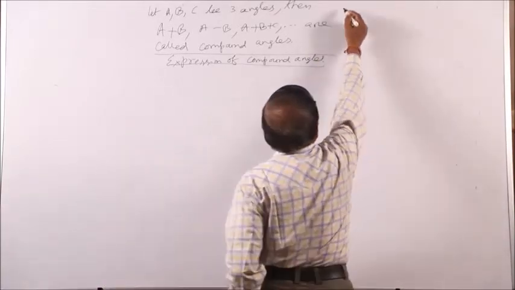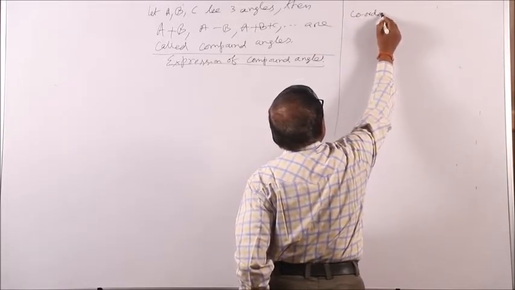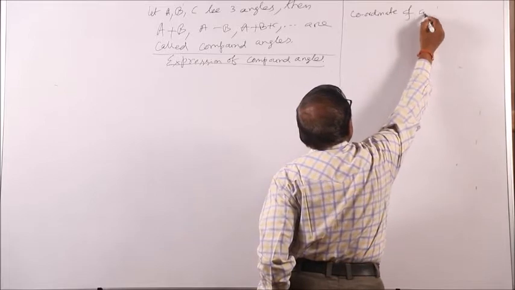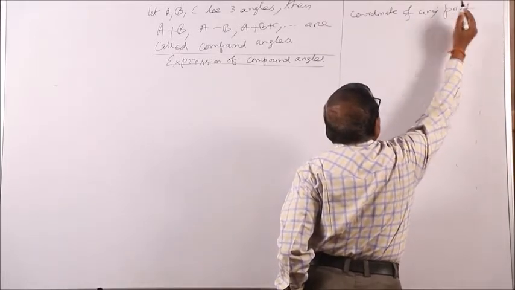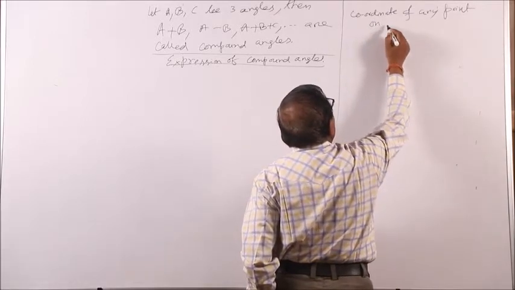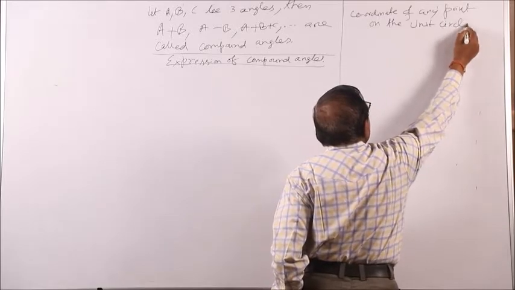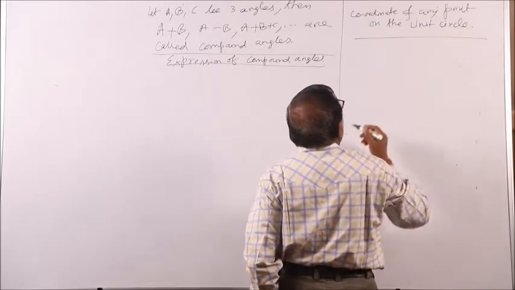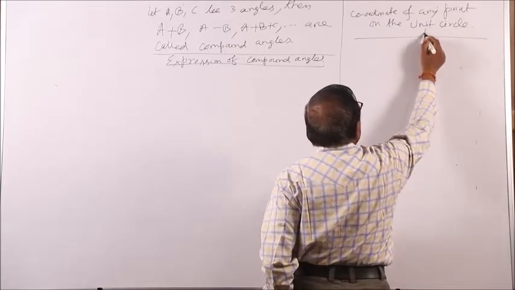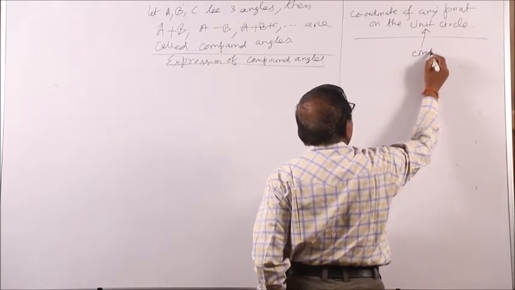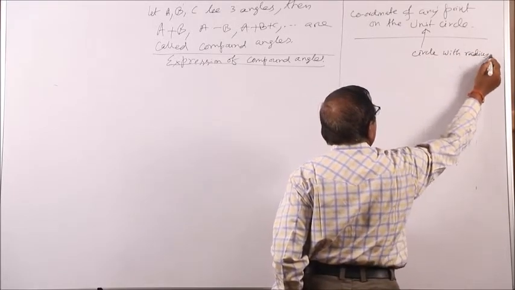Position or coordinate of any point on the unit circle. A unit circle means a circle with radius 1 unit.